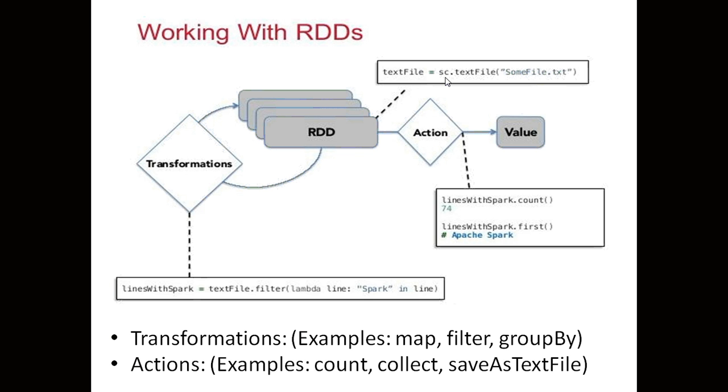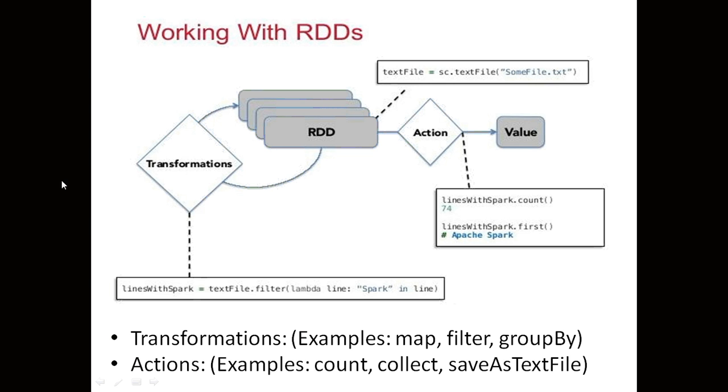So sc, the Spark context, dot textFile of the file you are loading from either a file system or any distributed file system. When you load this, you get an RDD called textFile. So that is an RDD. Once you have an RDD, you can do transformations like filter, or you can do map or group by.